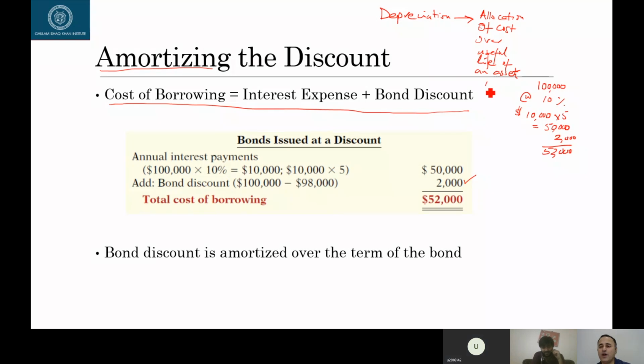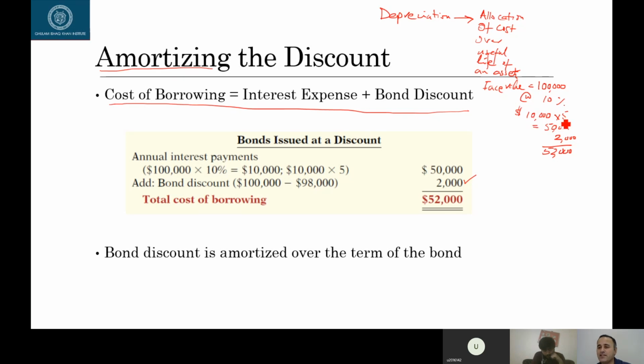The face value of a bond is $100,000. The stated interest rate, which is appearing on the piece of paper, is 10%. This is also called the coupon rate, and it's a contractual obligation. So the company pays 10% multiplied by 100,000, which is $10,000 each year to the bondholder.